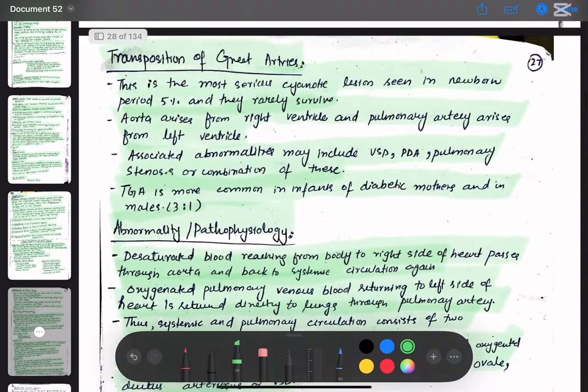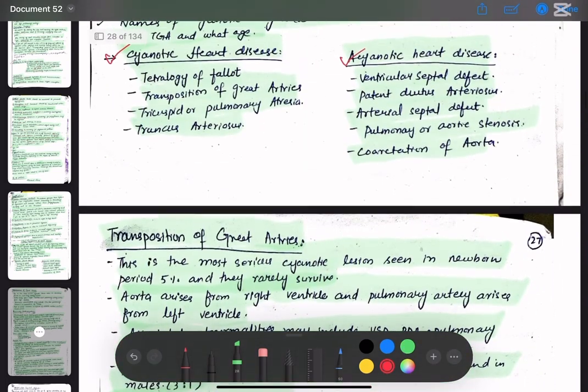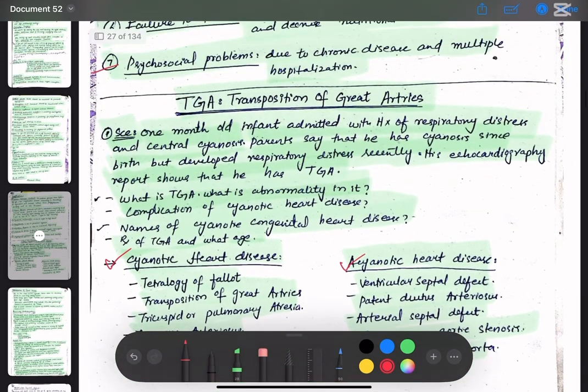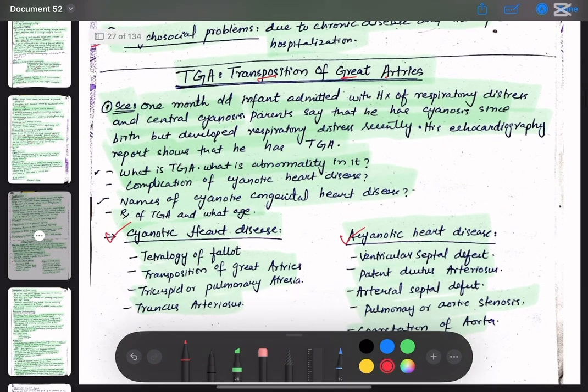Okay, so this was about the transposition of the great arteries. It is a cyanotic heart disease in which the transposition of the great arteries occurs. We had the scenario. The clinical features are respiratory distress and central cyanosis. The cyanosis is present from birth, but the patient developed respiratory distress recently, and the echocardiography report shows that he has TGA.